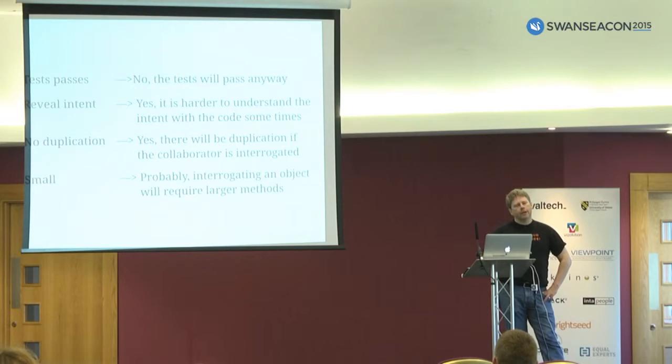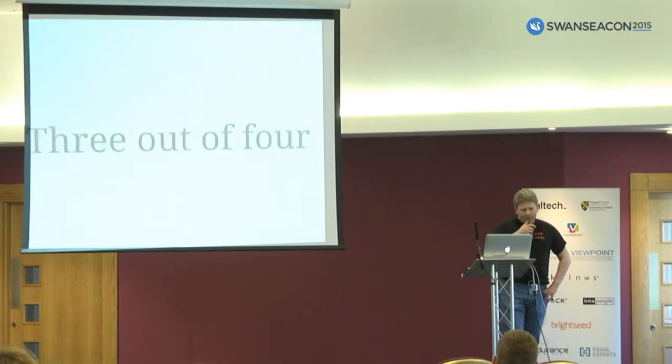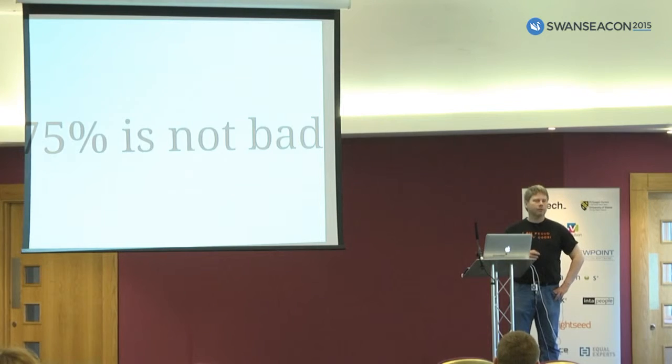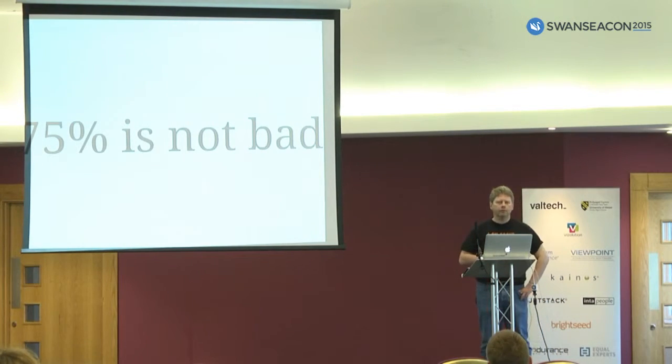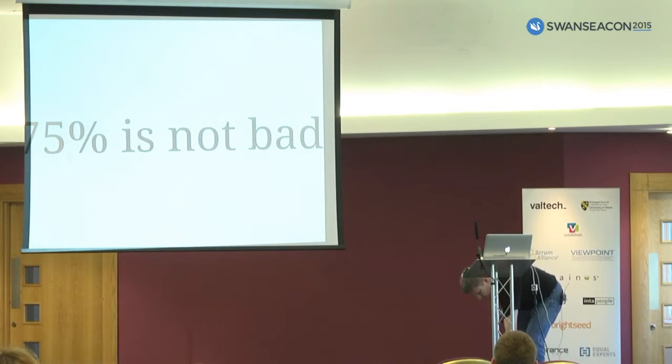So everyone will have different opinions on this one. This is something that can be debated. But 3 out of 4, 75%. I don't think that's bad. So studying and understanding the 4 rules of simple design is something that could be really good in this case.